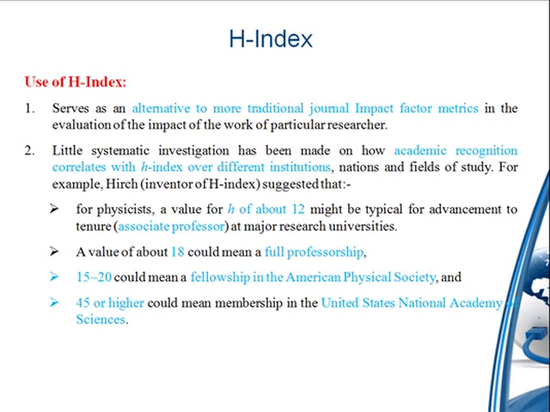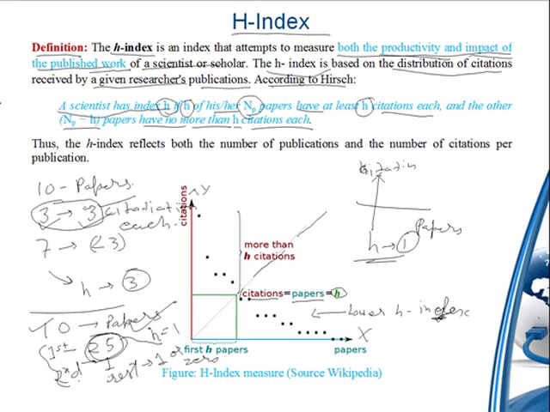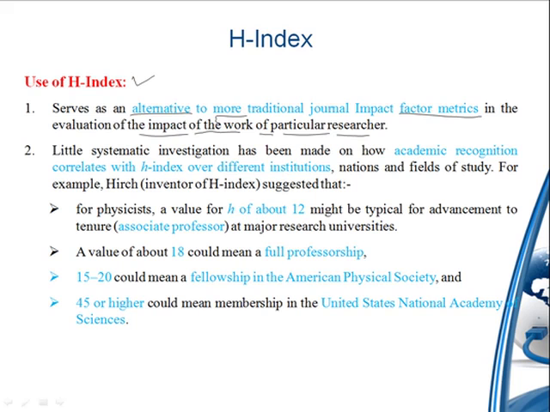Now we will go through some uses of H-index. H-index serves as an alternative to more traditional journal impact factor metrics in evaluation of the impact of the work of a particular researcher. By using the same principle as given here, we can calculate the H-index of any journals or articles.